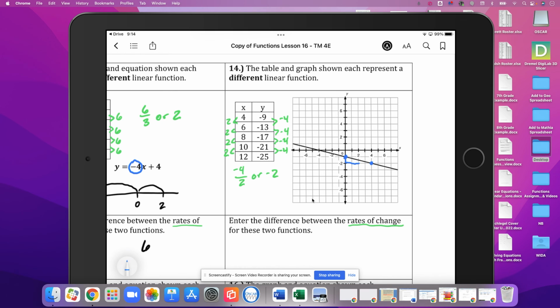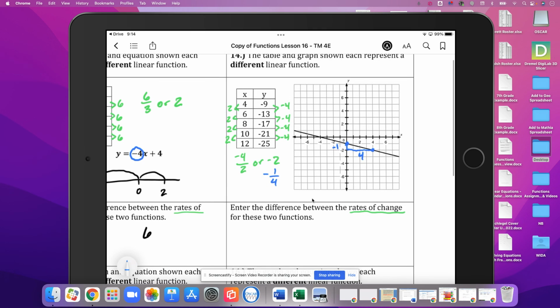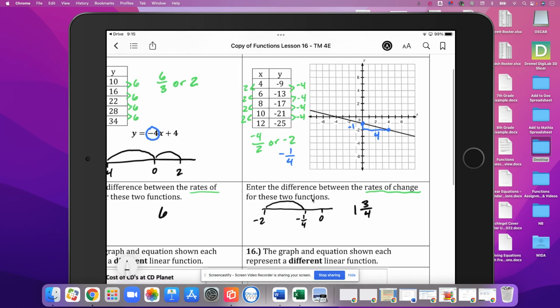So down 1, to the right 4, so negative 1 over 4. So negative 1/4 for the graph. And so those are both negative. They are on the same side of 0. So we've got 0, negative 1/4, negative 2. So we just need to subtract these from each other. So 2 minus 1/4 is going to be 1 3/4 for the difference between them.